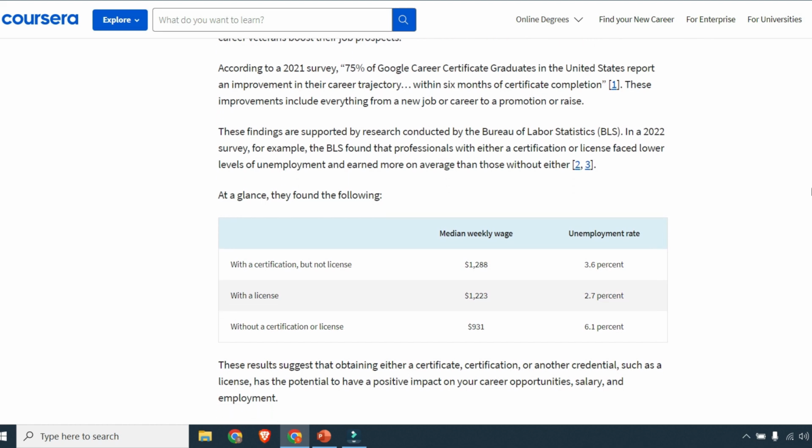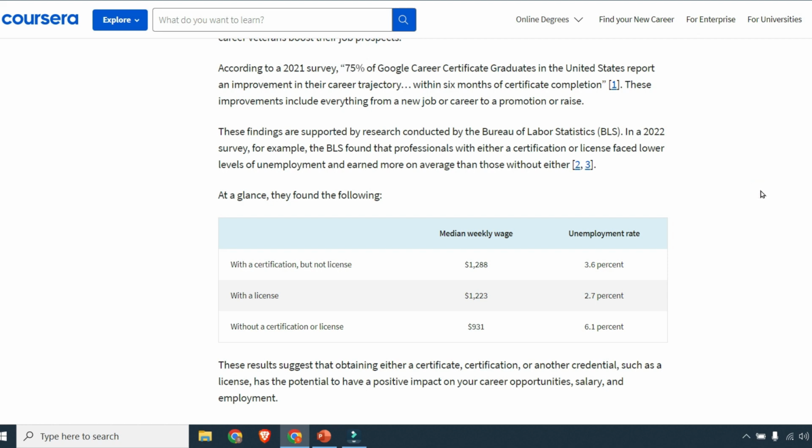So I'm just going to talk about the final two here. They are both offered through Coursera. Coursera have some statistics here on how successful their past students have been after they've been certified. I don't know how accurate these figures are, but it says here 75% of Google career certified graduates in the United States report an improvement in their career trajectory within 6 months of completing the certificate.